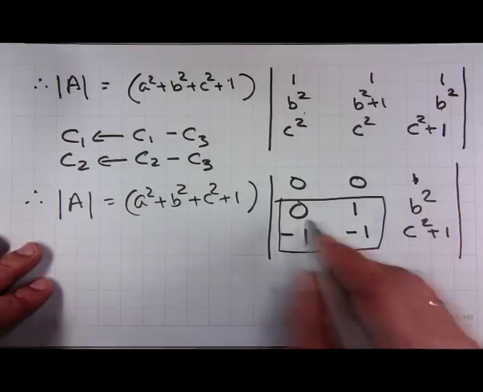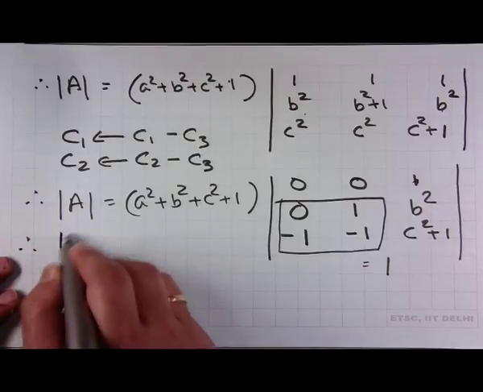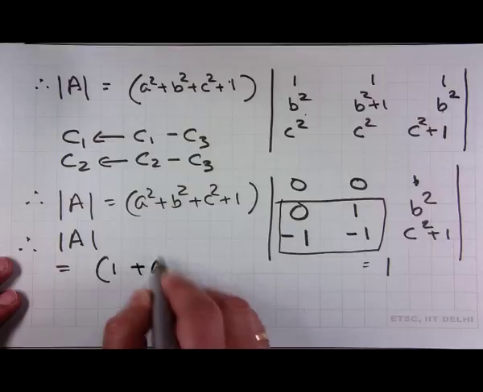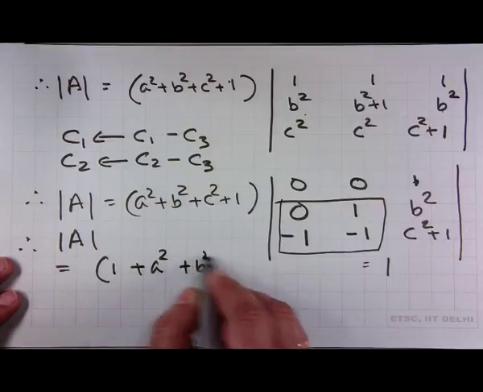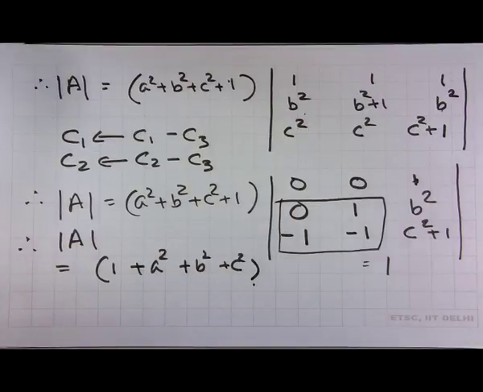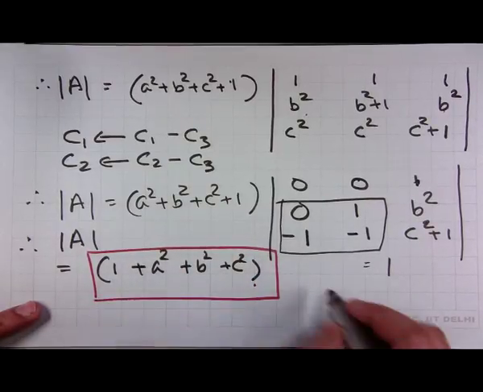Therefore, this determinant is equal to 1. Therefore, determinant of A is equal to 1 plus a square plus b square plus c square. That is the answer.